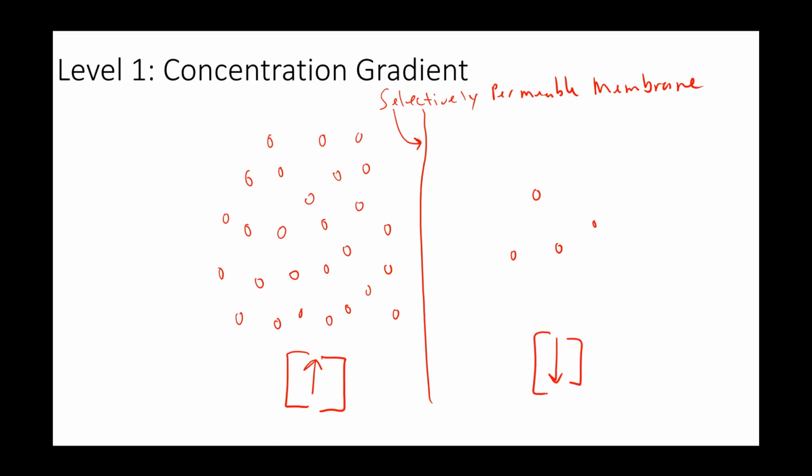So level 1 understanding of cell transport would be to understand that the cell will allow things to move from high to low utilizing this concentration gradient. And because of that, we get to a couple of definitions which I think you should understand.